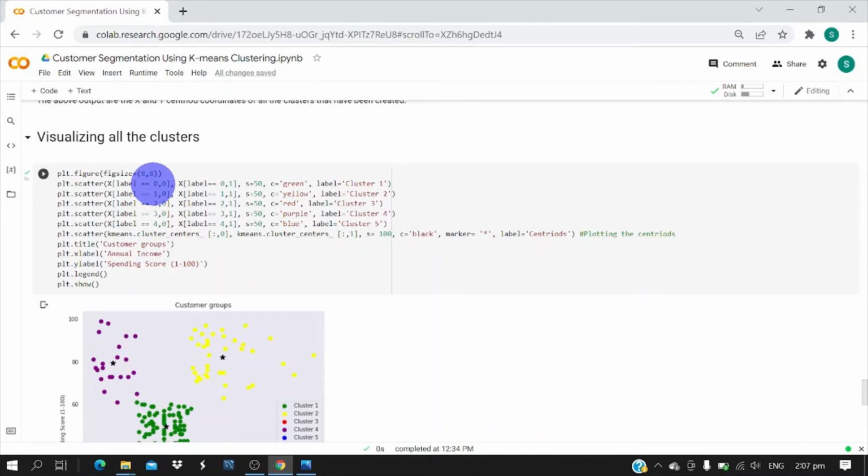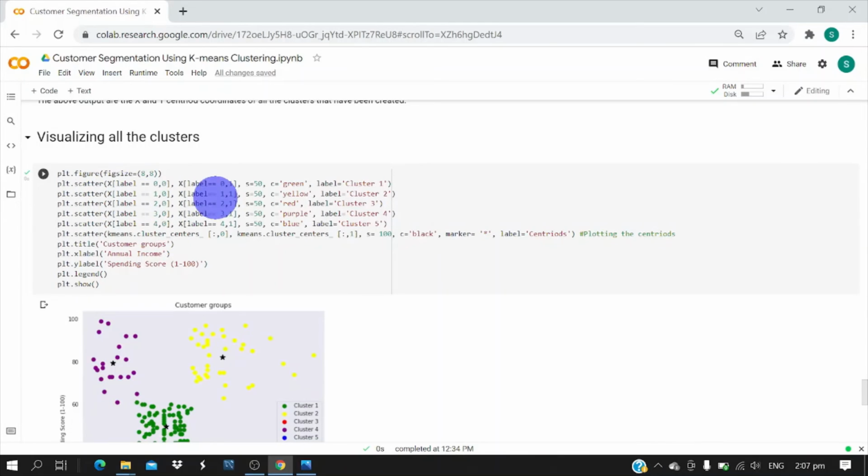So it's plotting all of the points that have zeros, like clusters that have zeros on the x axis. That is the annual income, sorry, on the annual income.